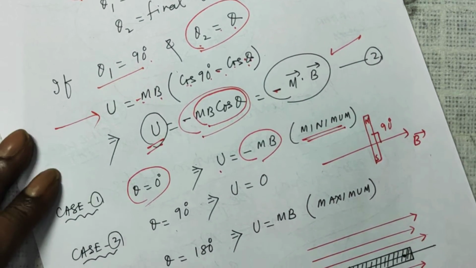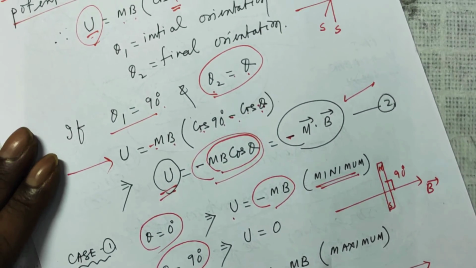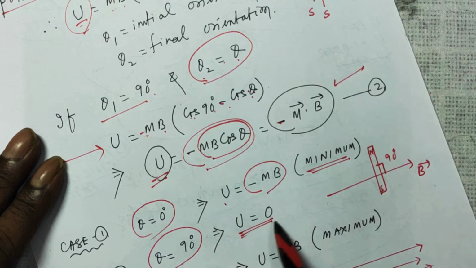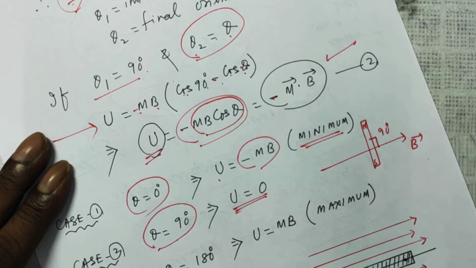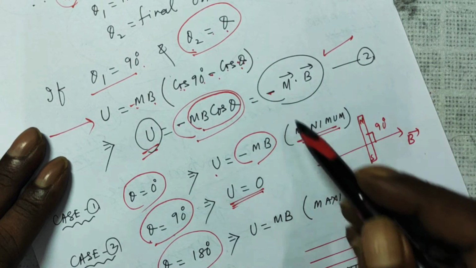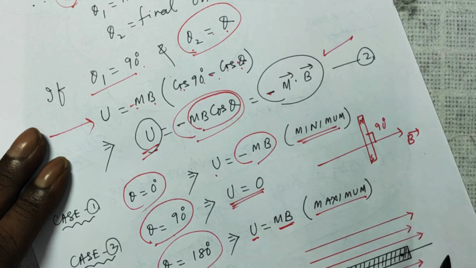Now similarly case 2, if theta is 90, then your U becomes 0. Now if theta is equal to 180, put theta is equal to 180 here, your U becomes MB, that is the maximum.